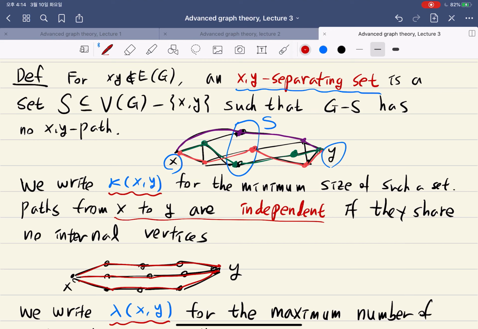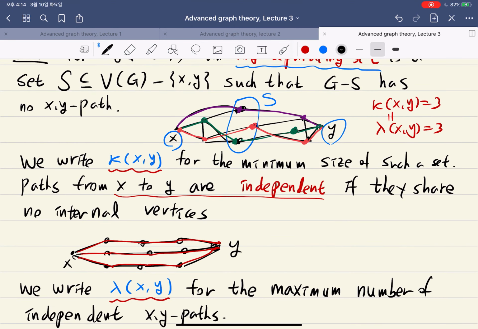So in this case, you can easily check that kappa of xy is 3, and lambda of xy is 3. So they are the same. One thing you can easily see is that kappa of xy plays the role of an upper bound for lambda of xy.